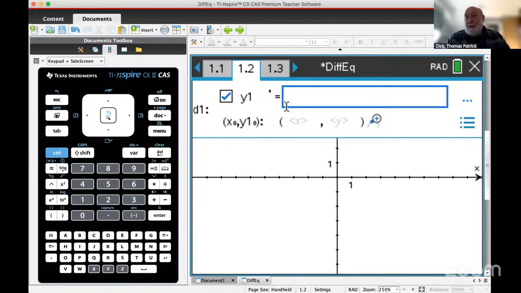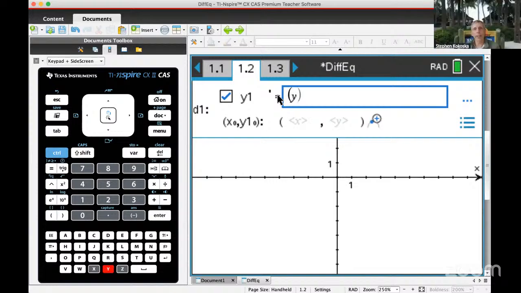What we have to remember is when we put in the expression, if we're going to refer to y, we want to refer to this y, which would be y1. So for the equation that you were looking at, it was the quantity y minus 1.